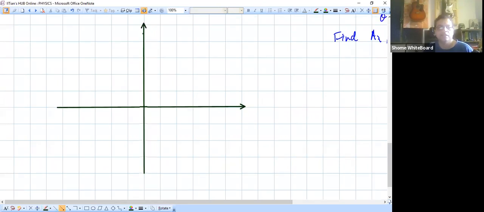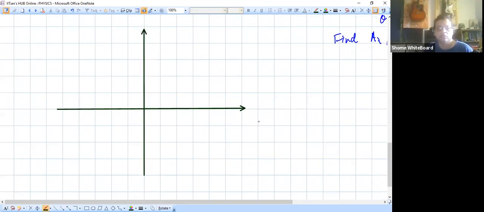Okay, so now my XY axis is like this, okay, and in this, let us say I've got a force vector which is drawn like this, because a vector can be drawn anywhere, there's no problem with that.